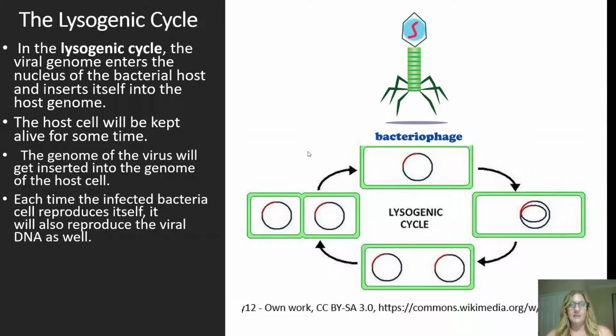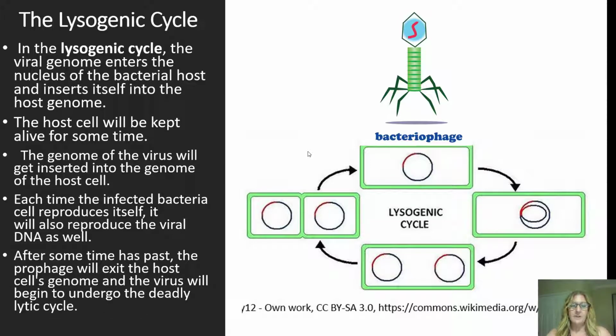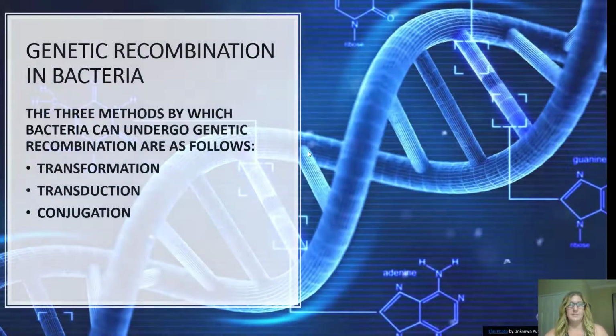So every time this infected bacteria reproduces itself, it's also going to reproduce the viral DNA as well, or RNA. This doesn't go on forever. Eventually, once it has used up all the energy resources of that cell, it will be called a prophage, and it will exit the host cell's genome, and then at that point it will undergo the lytic cycle, which leads to ultimate cell death.